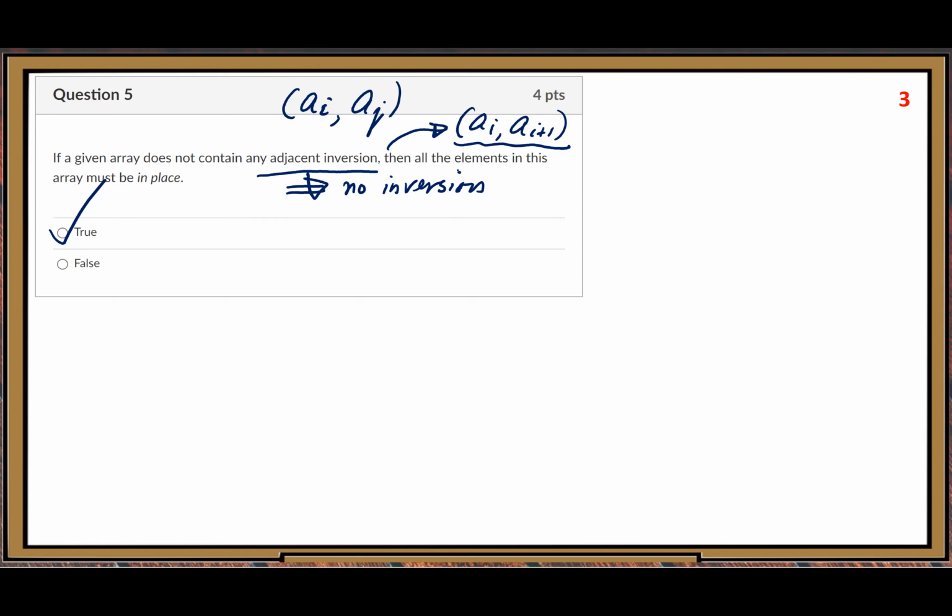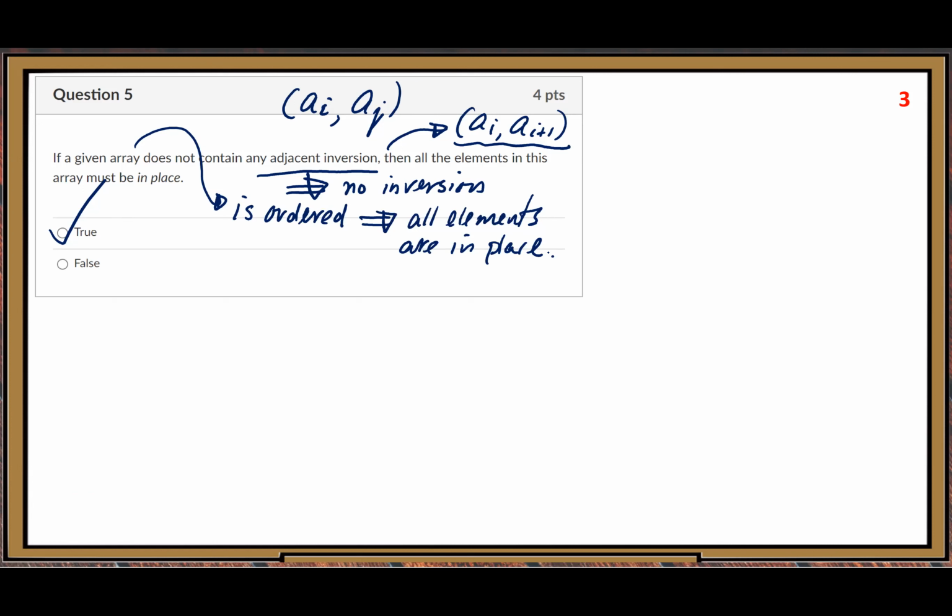With this property, you can see the whole array is ordered. If it's ordered, then all elements are in place. That's simple.